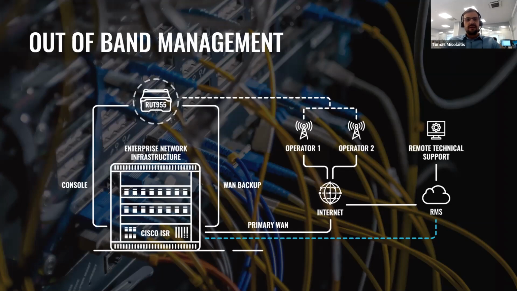Well, again, RMS came to help. With the RMS management part, you have full access to the router itself, for example web UI, command line interface, etc. And in this case, the command line interface was used over RMS.